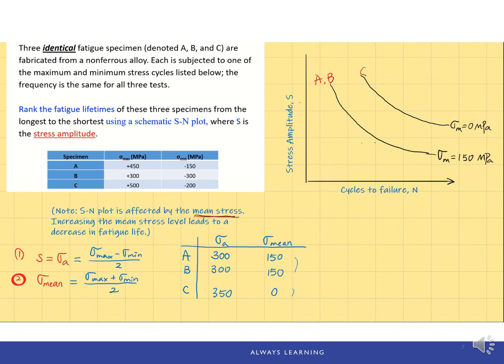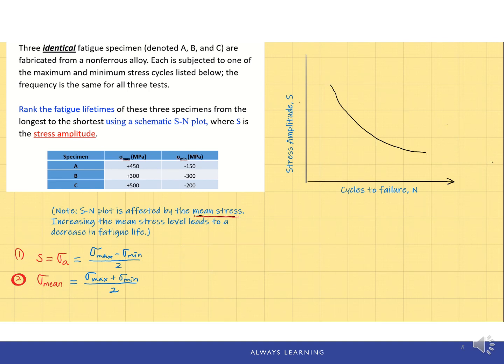Next, we need to read the lifetime, or the cycles to failure N, using the corresponding stress amplitude. Samples A and B have the same stress amplitude.